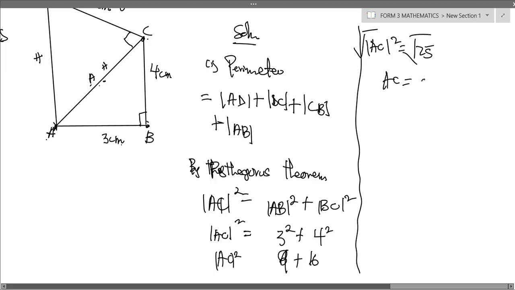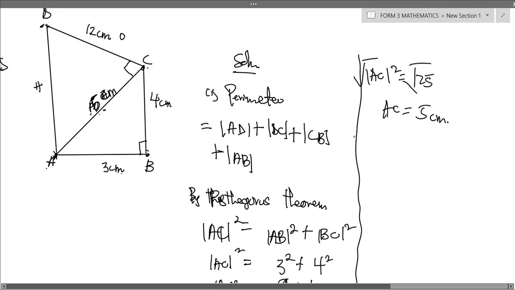AC will give us 5 centimeters. So now we have our AC as 5 centimeters. It means this side becomes 5 centimeters.